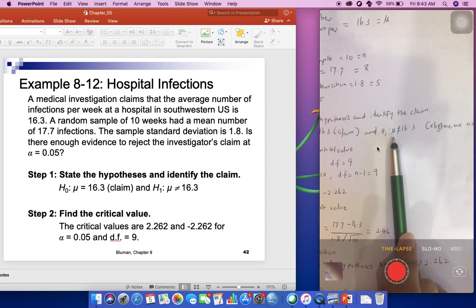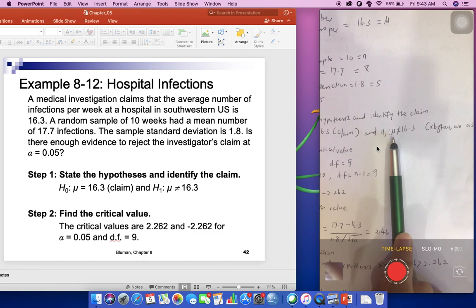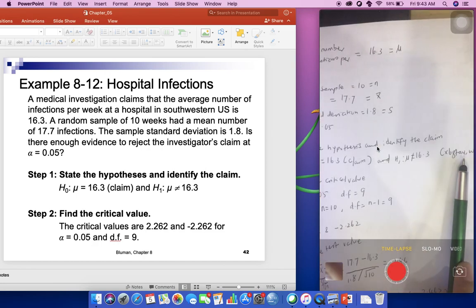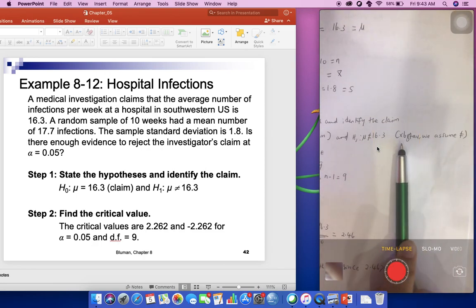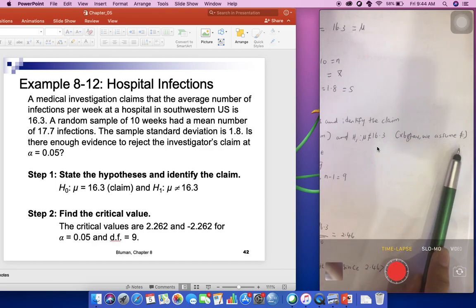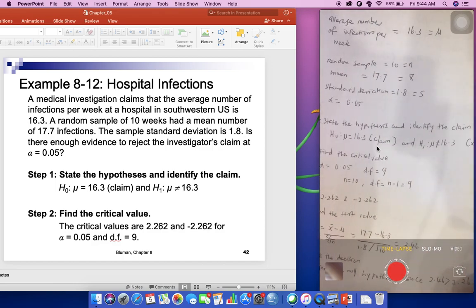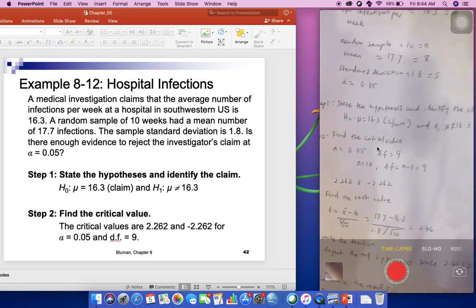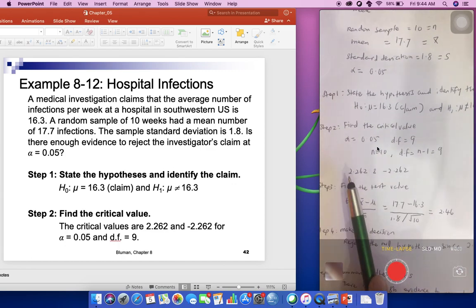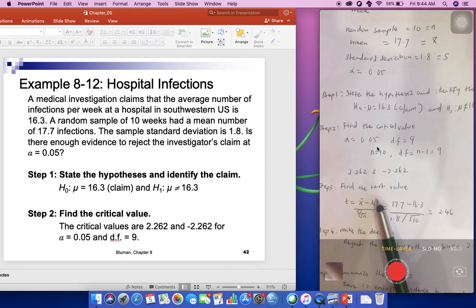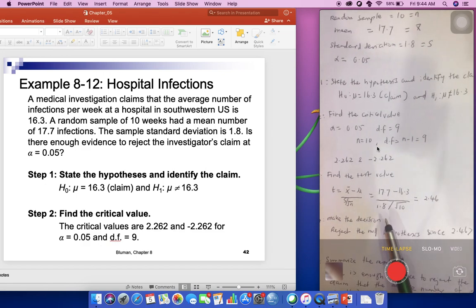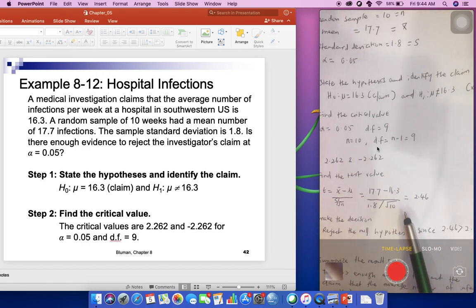So you just use not equal for two tail. Okay, so the example is about the two tail test. For step 2, find the test value. For the test value, we use the formula for the t-test. You just insert everything in your formula and you will get the answer, negative 2.46.